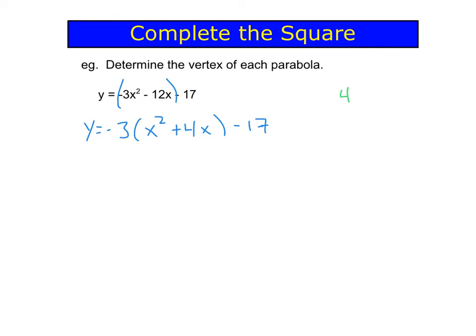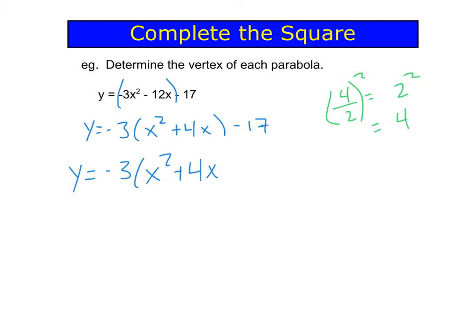Okay, 4 divided by 2 is 2. Squared is 4. Plus 4 minus 4 minus 17.